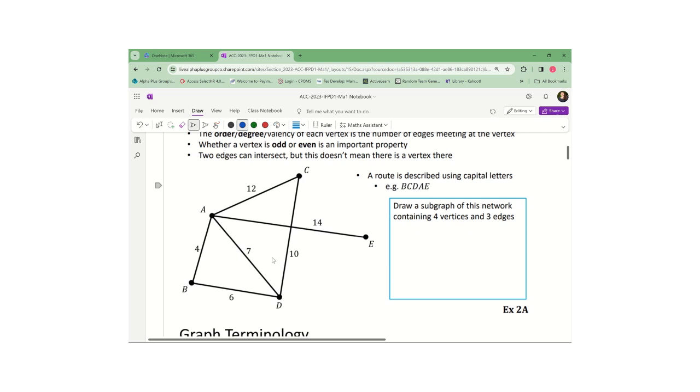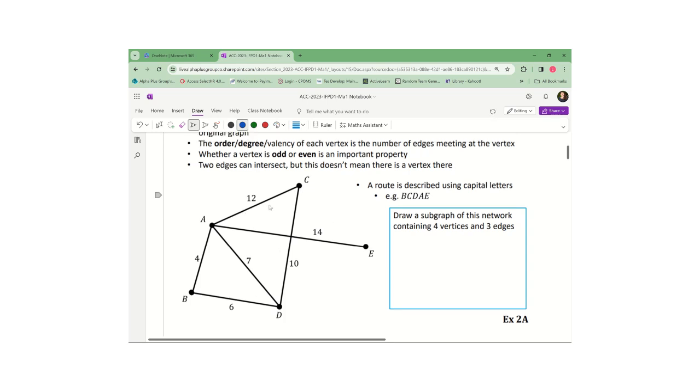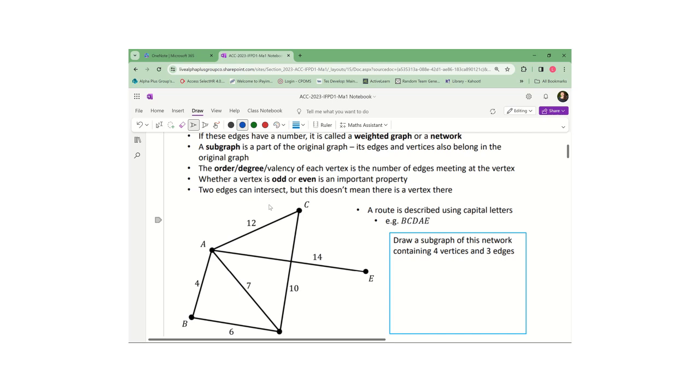And if I wanted to find the shortest distance from A to B, I'd want to take that distance into account. So these distances are what we call the weights of each arc. So it's giving a numerical value to those lines. That usually relates to a distance or a time or something we're trying to minimize.